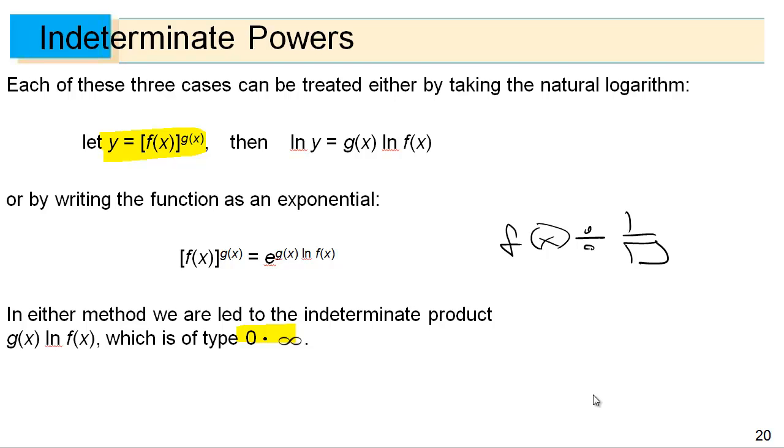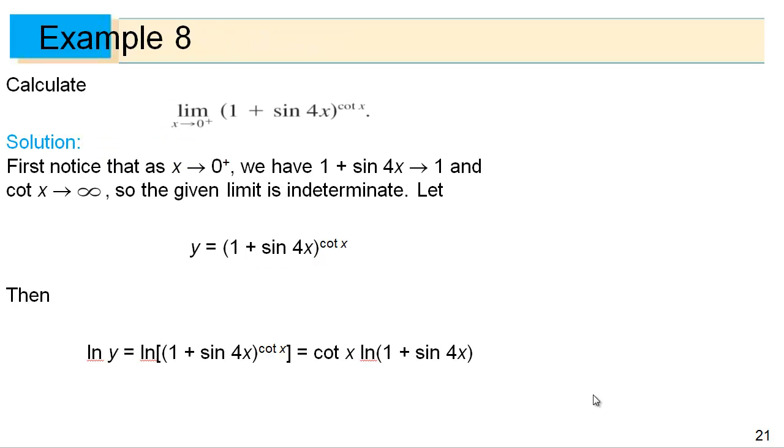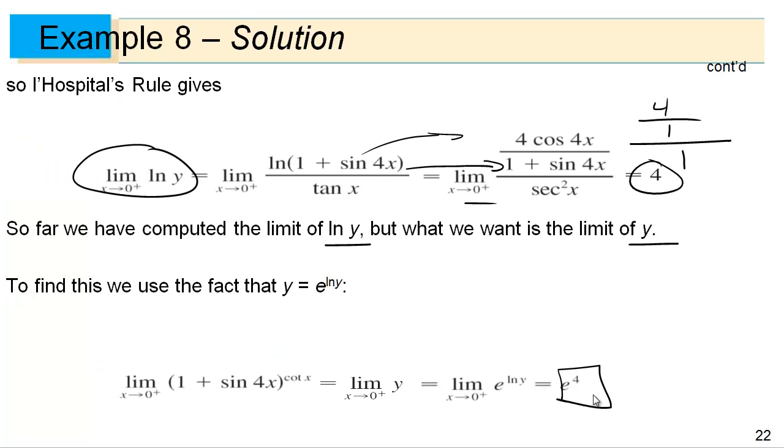And you unravel it by taking the natural log. So you take the natural log of the function, which is now going to give you a product. Then you take the limit of that new product, check it once again, make sure that you get the 0 times infinity thing so we can do L'Hopital's.